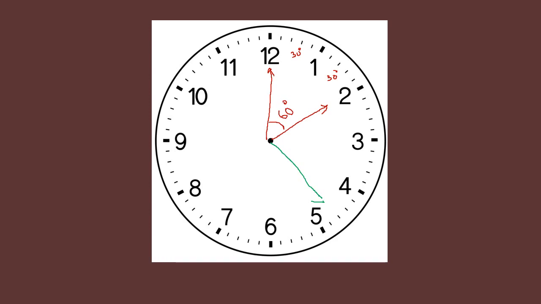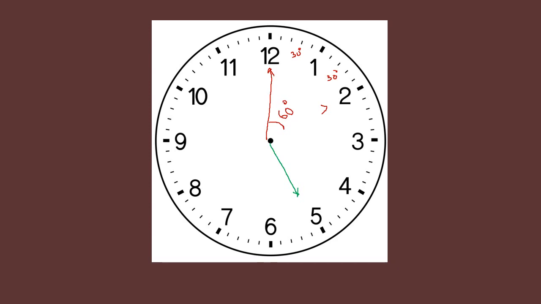So it is starting from 2. It is 12:10 now, and from 12:10 it is reaching 12:25. It was at 12:10. Now, what rotation did it move to reach 12:25?